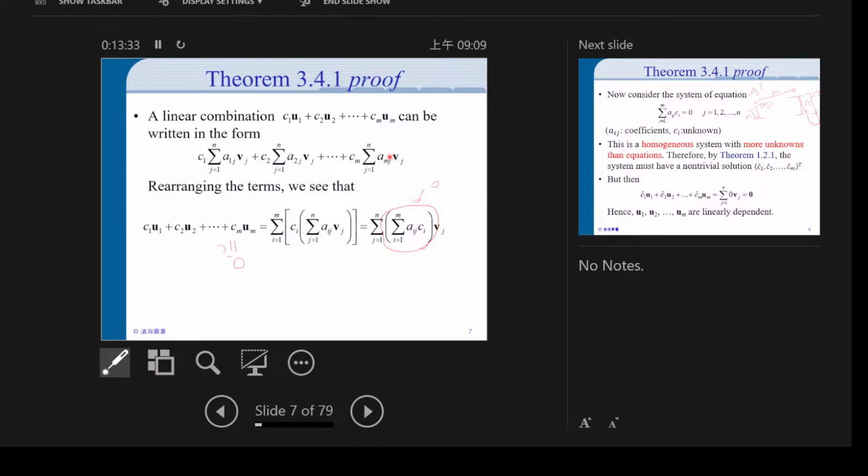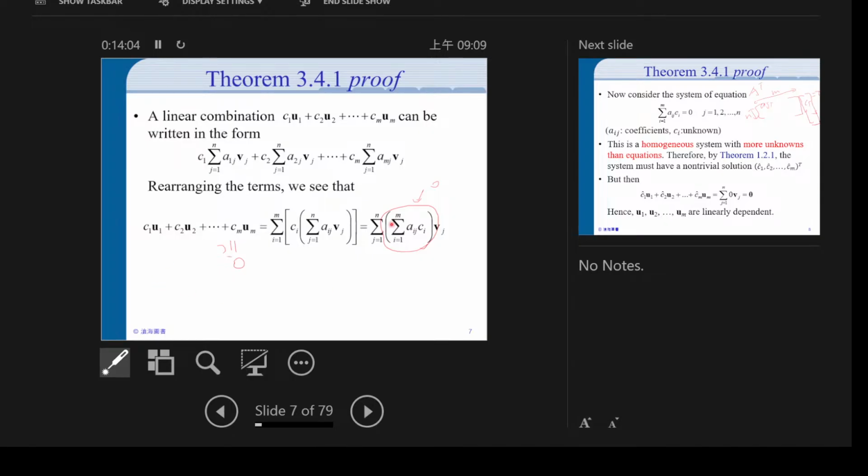Then usually the thing we want to do is change the order of summation. Everything has a sum over j, so we can pull the sum over j out, and we can also write this more succinctly, with the summation over i, where i goes from 1 to n.